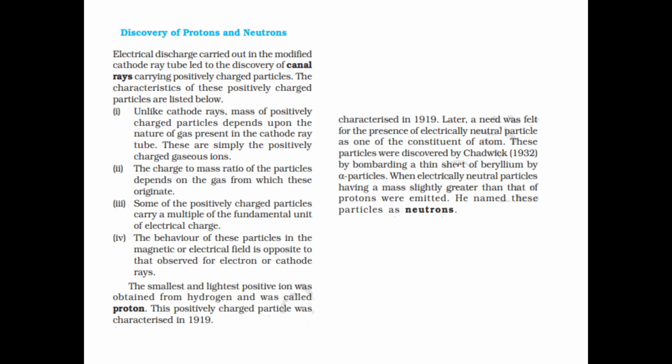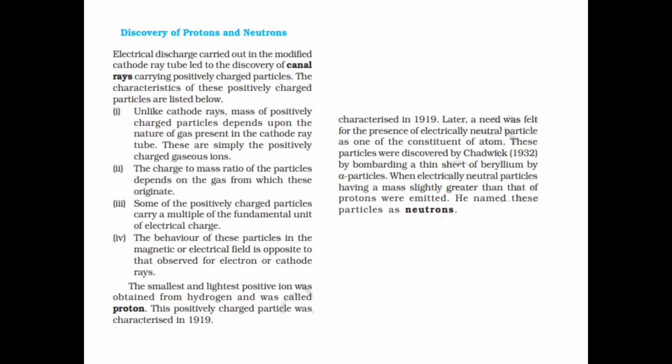The behavior of these particles in a magnetic or electrical field is opposite to that observed for electrons or cathode rays. The smallest and lightest positive ion was obtained from hydrogen and was called a proton. This positively charged particle was characterized in 1919.